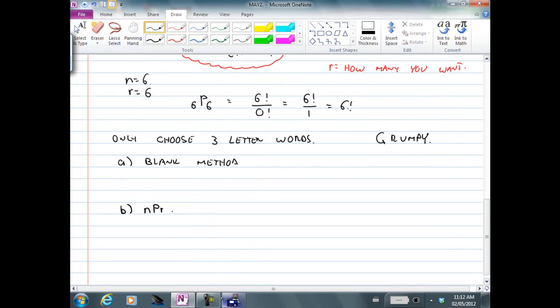Guys, gals, have fun. In this question, I'm only looking for 3-letter words, not 6 anymore. So we have 3 blanks. 1, 2, 3. Robert, what goes in each one of them? So we have 3 blanks. How many choices do you have for the first blank?